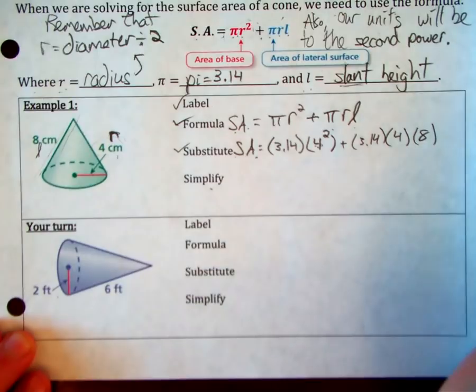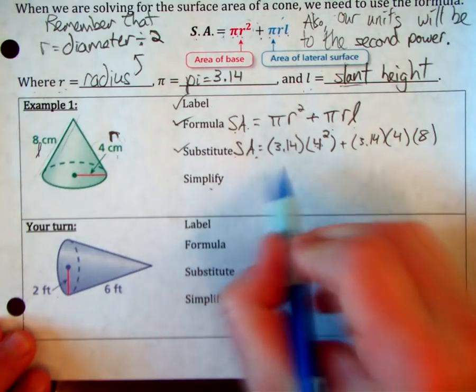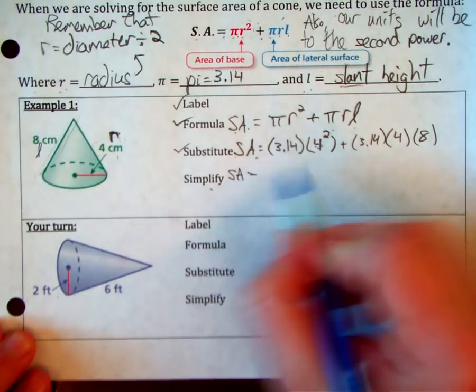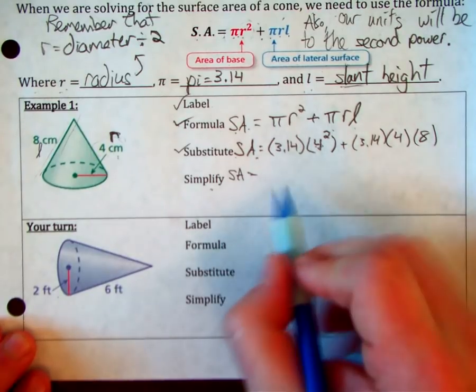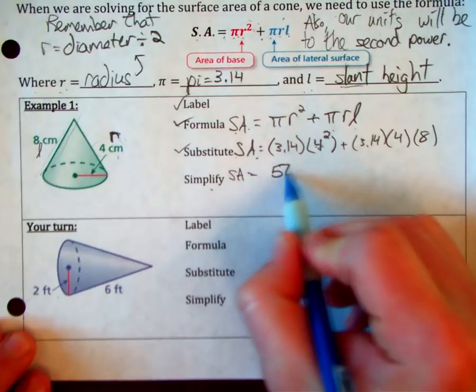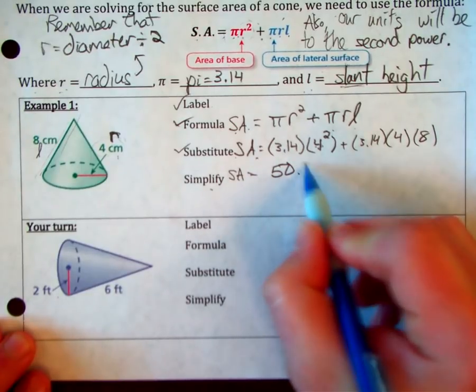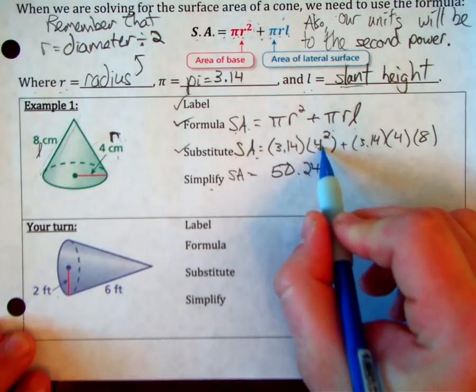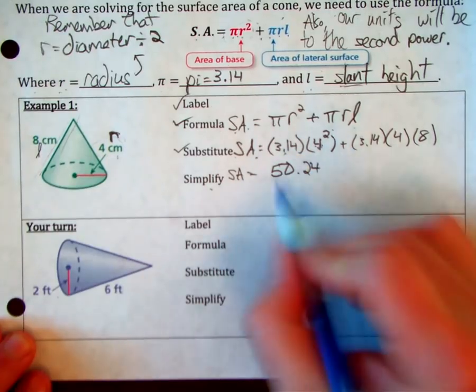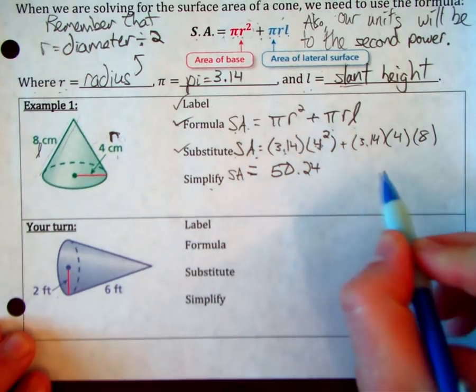Now let's simplify. So what happens? Well, let's multiply this out. Surface area is equal to, again, do the order of operations as always. This is going to be 50.24. I got that from doing 4 times 4 is 16, and 16 times 3.14 is 50.24.